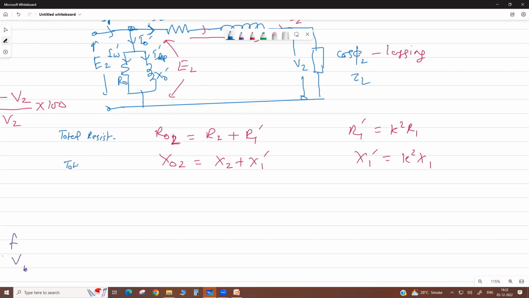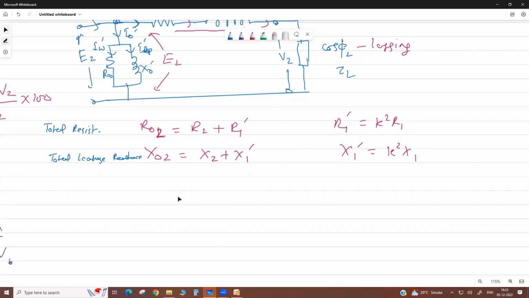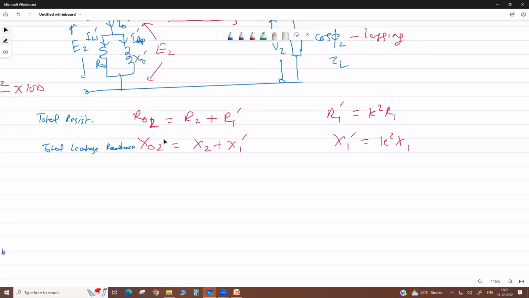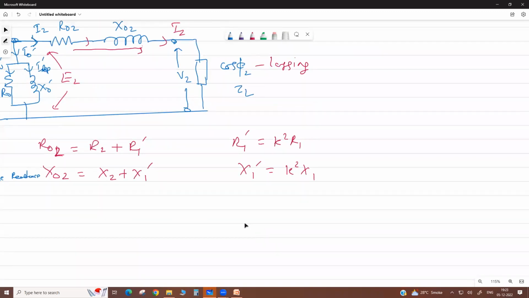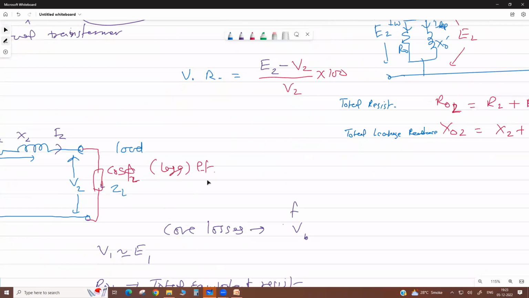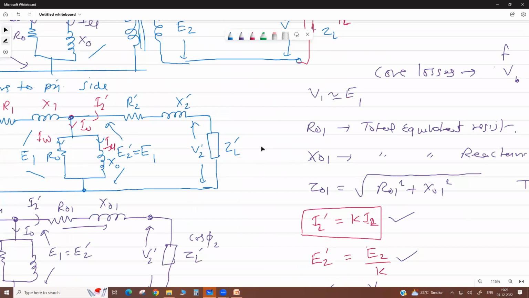This is the total leakage reactance, which is due to leakage flux. Got it? Any doubt here about the equivalent circuit?